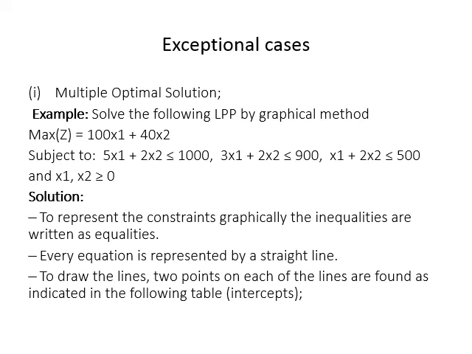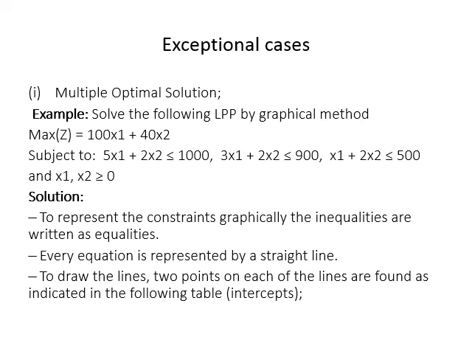First, we are going to represent the constraints graphically. The inequalities are written as equations, that is, we convert each constraint into an equation. Every equation is represented by a straight line.